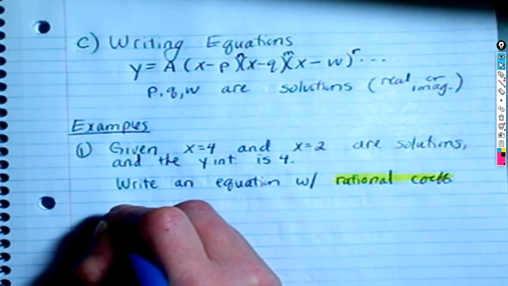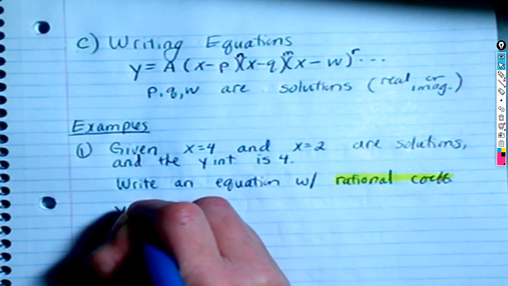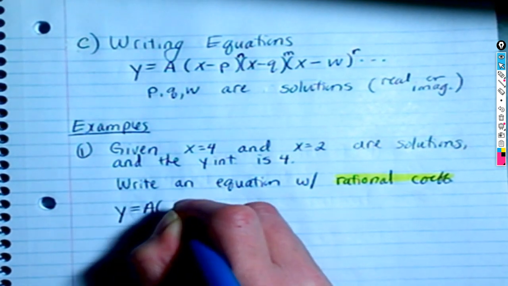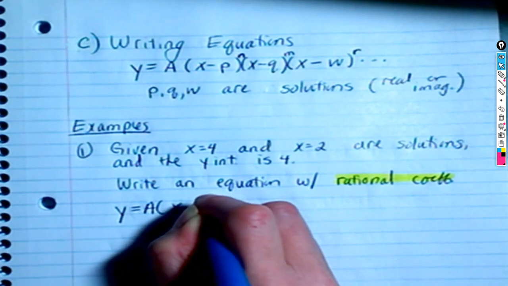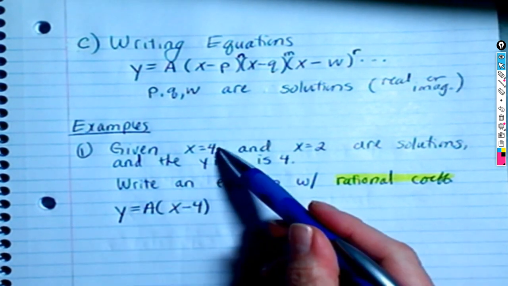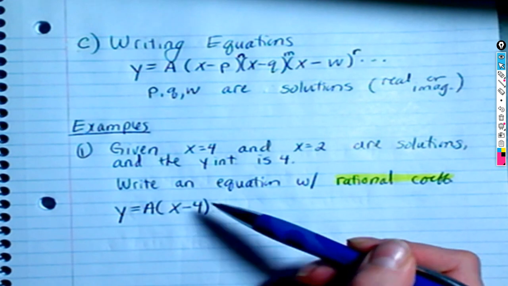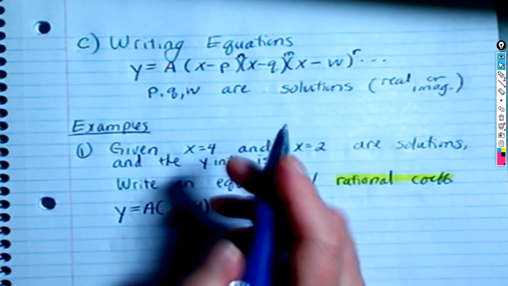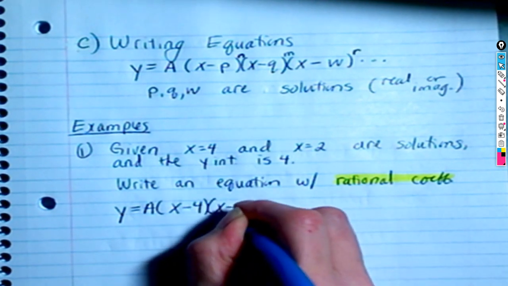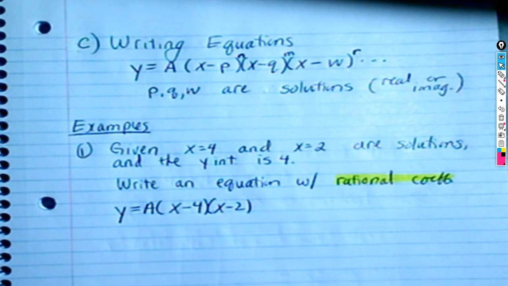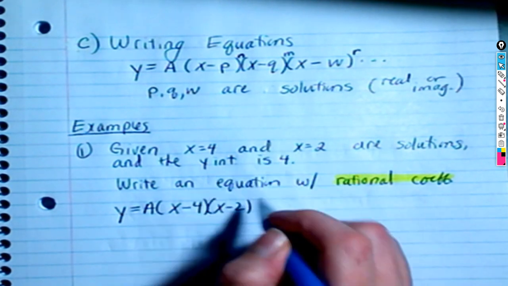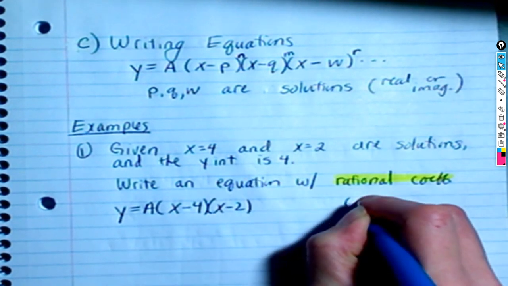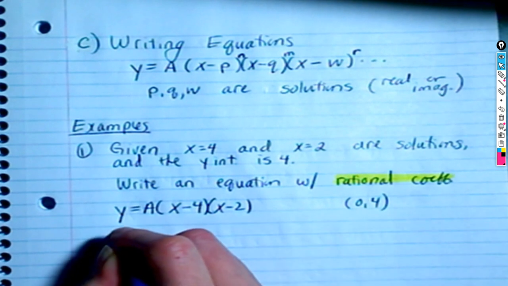All right, y equals a. Notice that we're using that 5.3 and that 5.2 connection. We're turning our zeros into factors. Notice that it's opposite. Cool. This should look like the last unit with quadratics, and the y-intercept is 4. So that's going to be the point 0, 4.